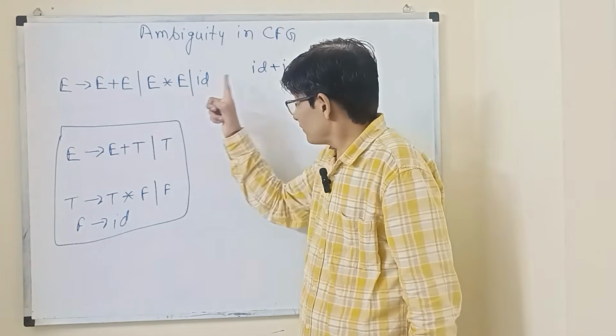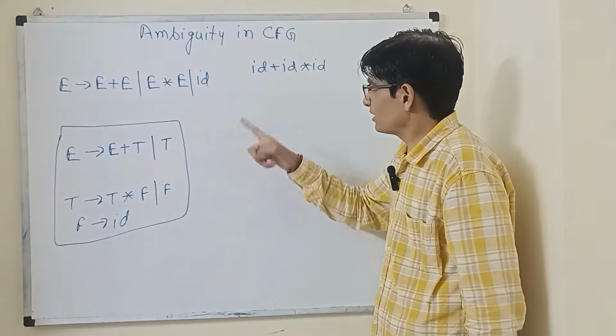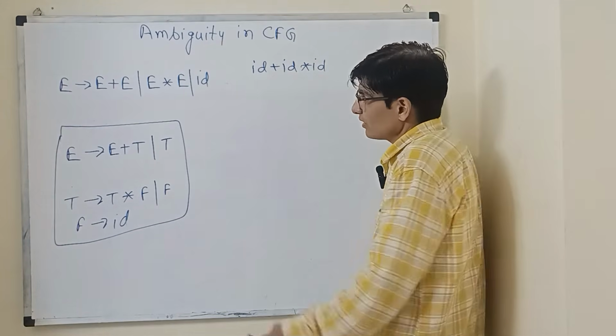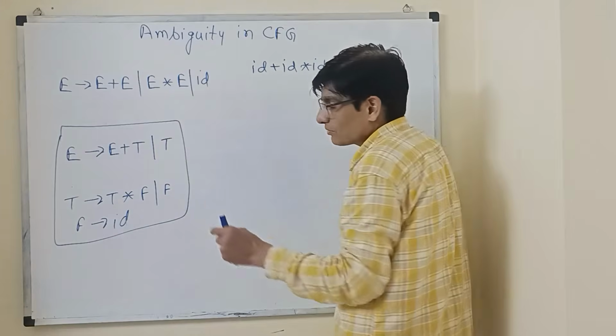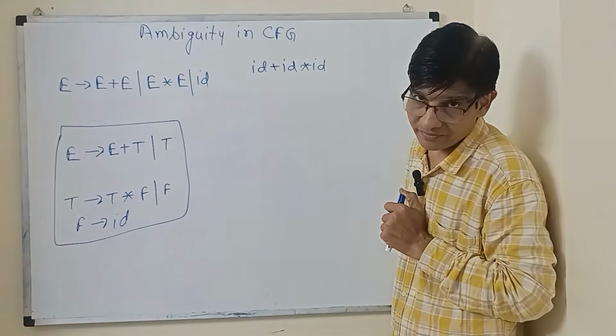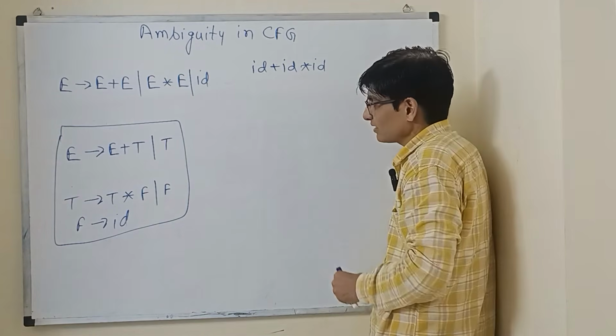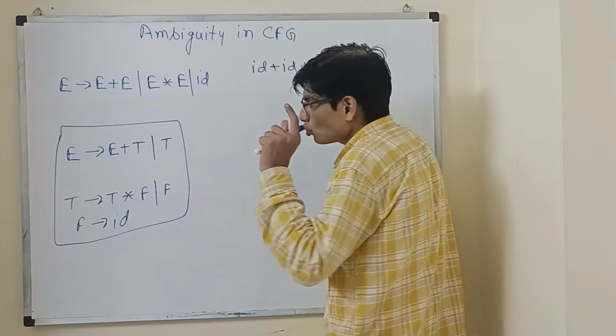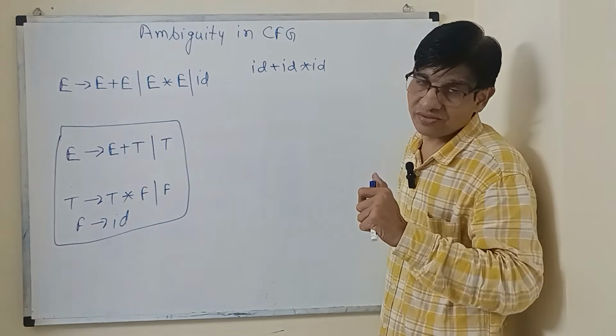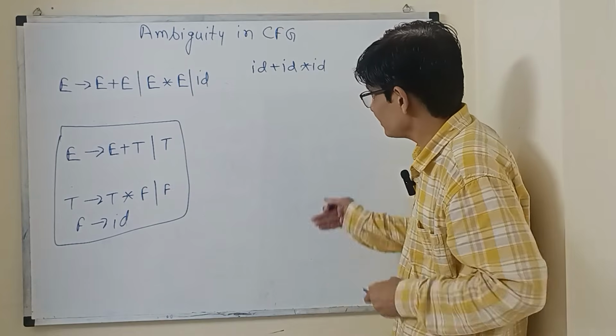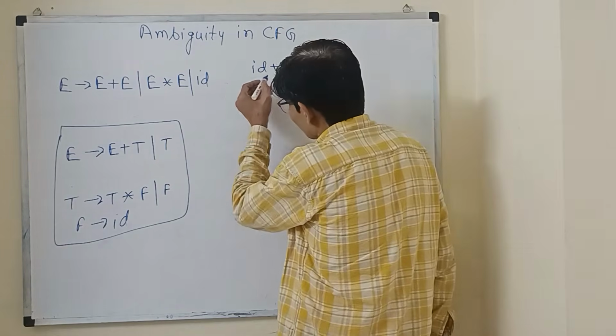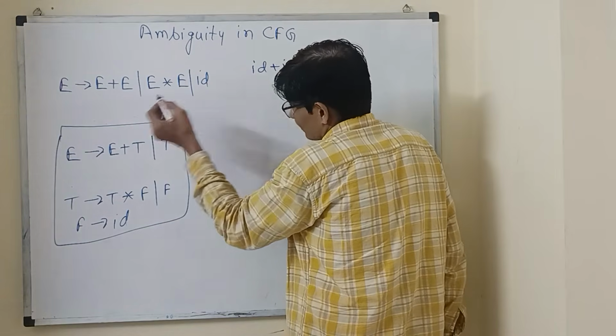Now for this string, from this grammar, you have generated two different parse trees. But for the same string, with this grammar, you cannot generate more than one parse tree. Let's try. We can start generating this string from this grammar.